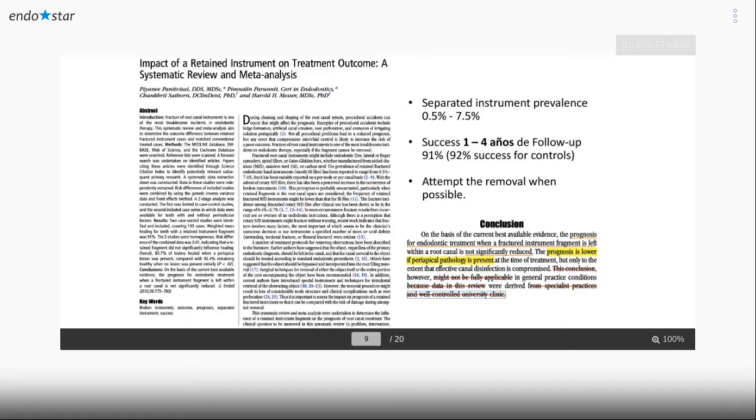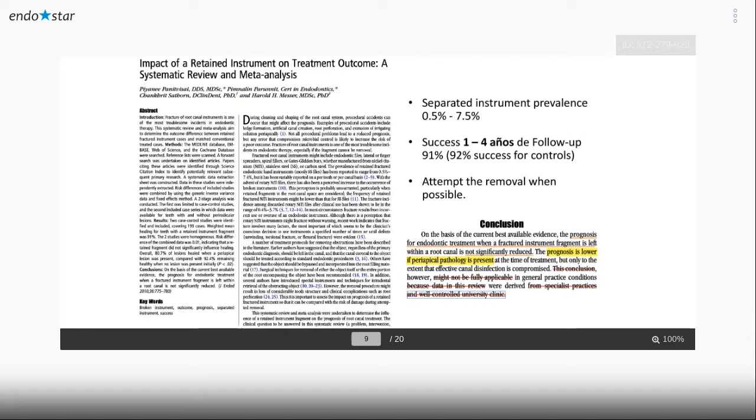And the success rate reported for the controls, the teeth that were treated without any instrument inside, was 92%. It does not mean that we will leave all the broken instruments inside the root canal, because if the broken instrument is an impediment to cleaning and shaping the complete working length, of course we need to go inside and remove that instrument.